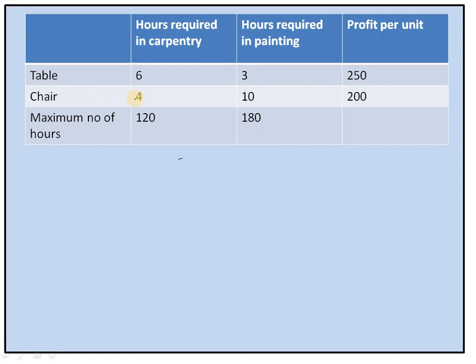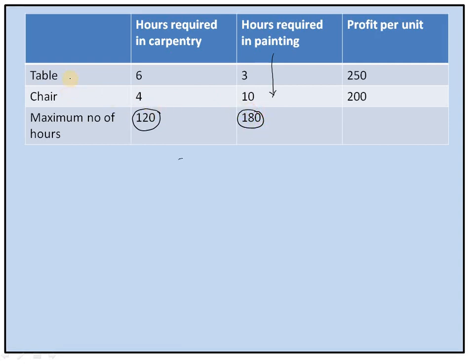Chair: 4 hours in carpentry, 10 hours in painting, and it will give us a profit of 200, one chair. Maximum number of hours available in carpentry are 120. And maximum number of hours available in painting are 180.